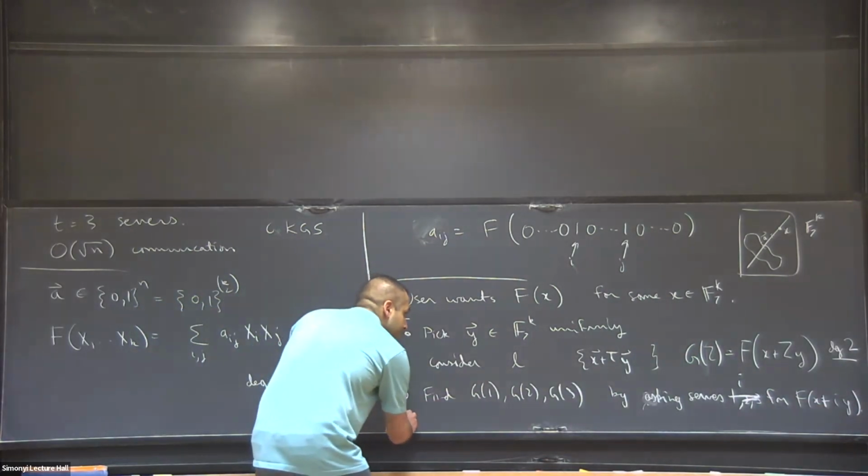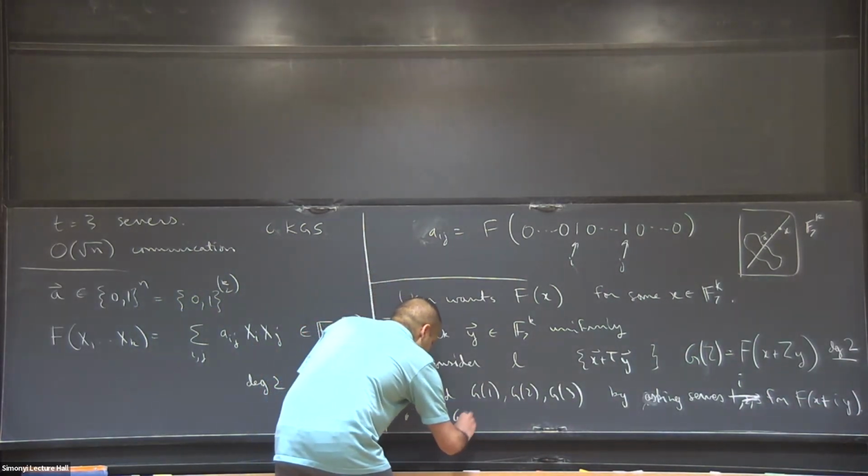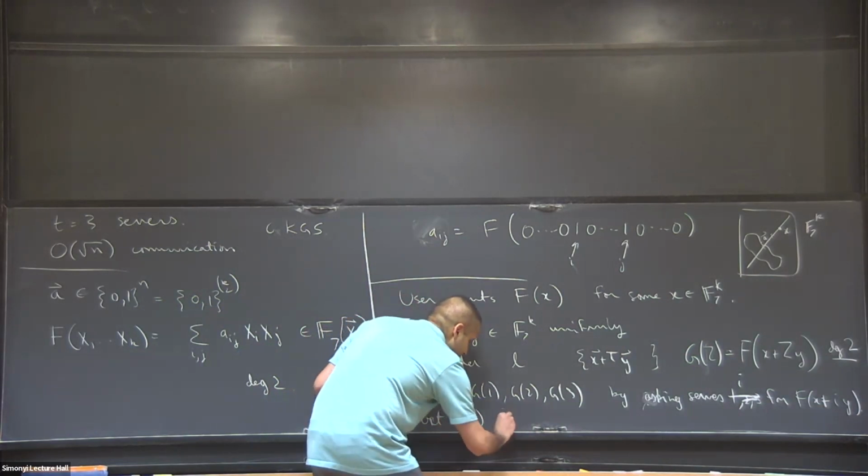So recover g. Get g of z. g of 0 is the answer.